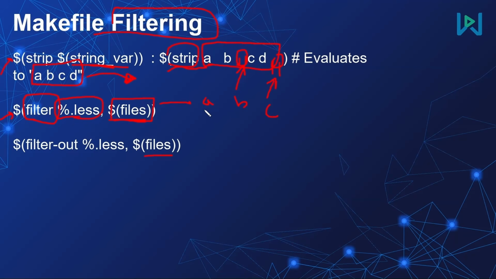It means it tries to find out which file ends with this .less suffix. Once found, the outcome will be only the filtered and matching file. In this case it will be our c.less, and the other ones will be thrown out from the end result.